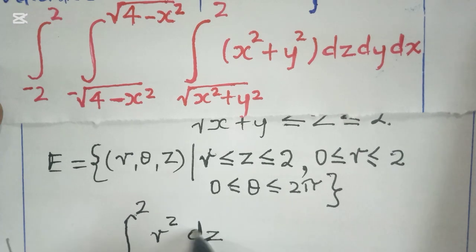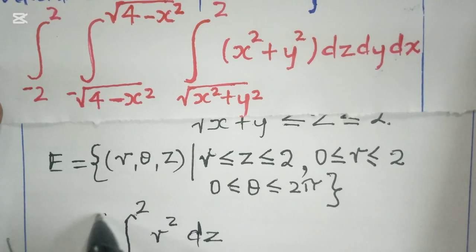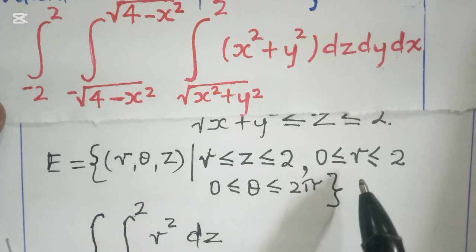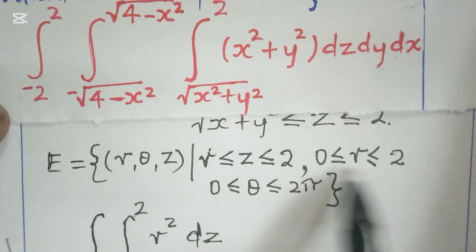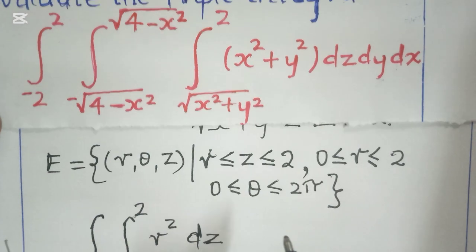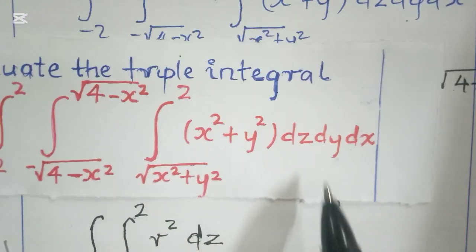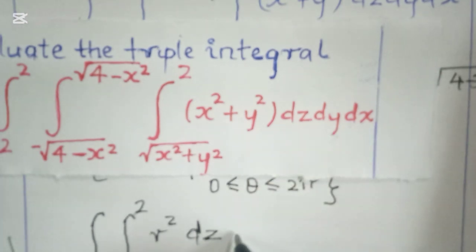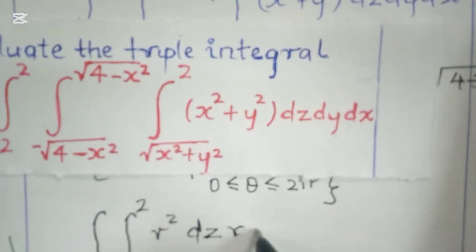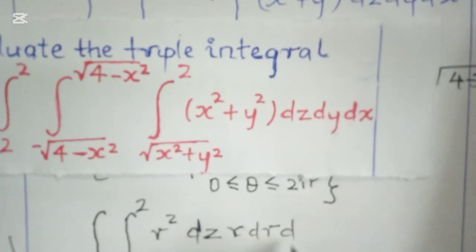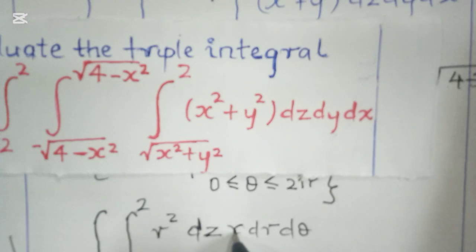And so guys, we come to the second integral. For the second integral, guys, we can choose the r. So if we choose r, and before that, guys, we can come and convert this. Dy dx is given by r dr d theta, we start with the dr, then d theta, like that.